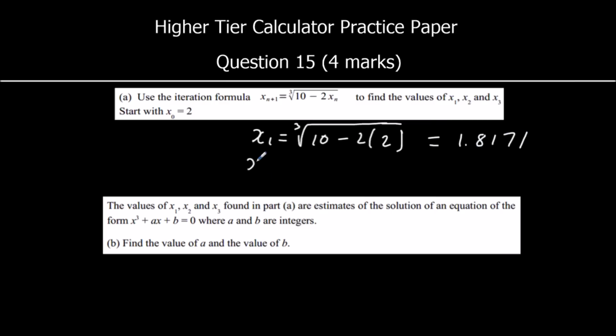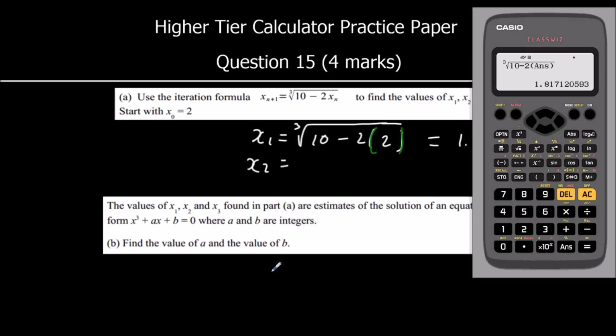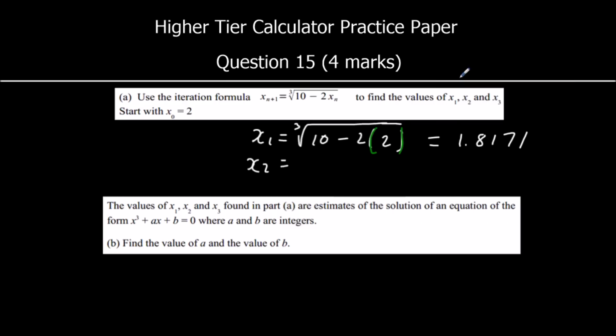Then we find x2 by substituting 1.8171 in here, into where our answer is. So our calculator is going to take this number and use it as ANS. So I just press equals again, 1.8533. So x2 is 1.8533.